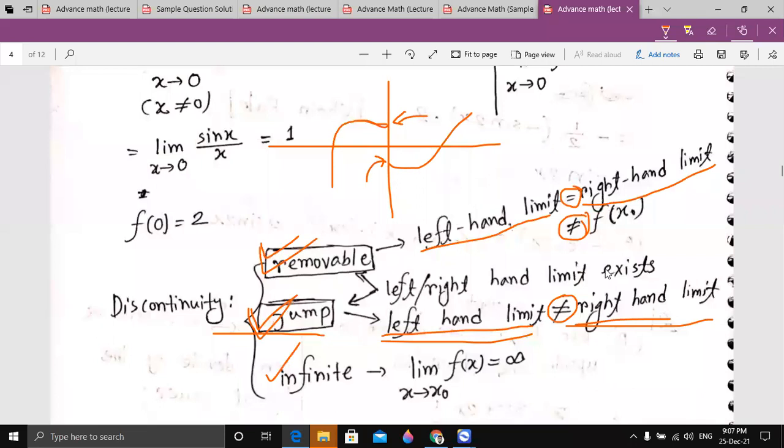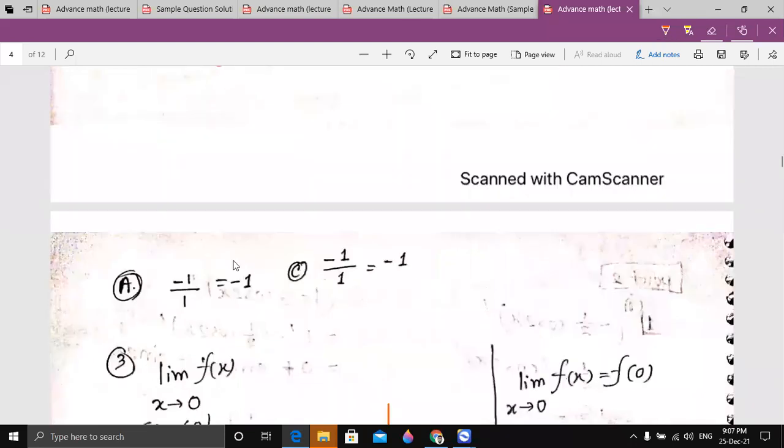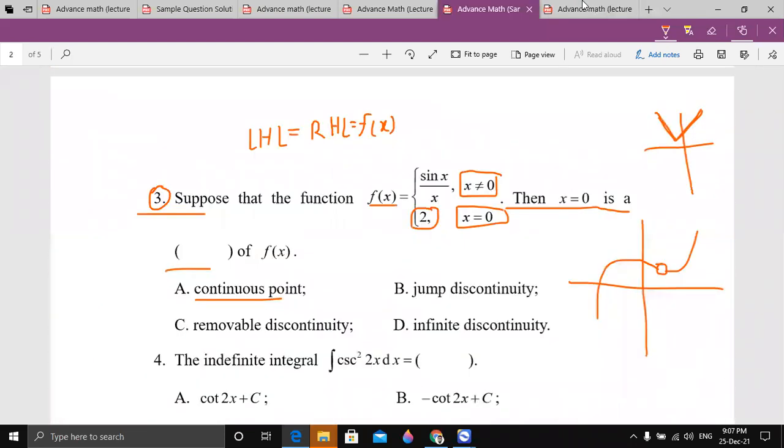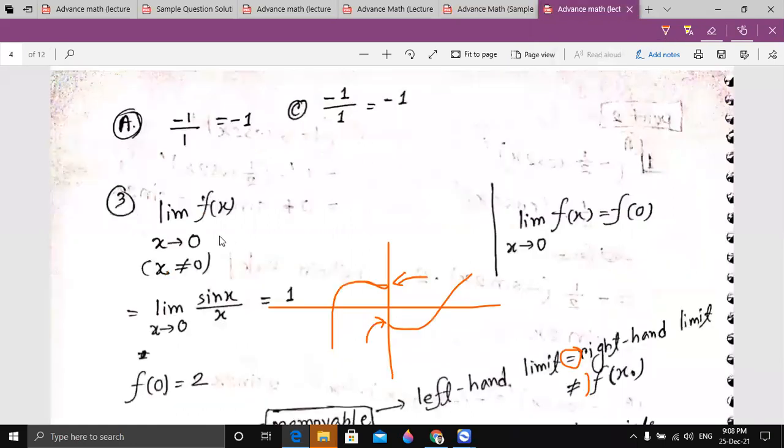Okay, so let's calculate here. This is number 3. Okay, so we have x equal to 0, right? So to find the limit, we have to take this function. So limit x tends to 0. x tends to 0 means x is not equal to 0. Am I right?